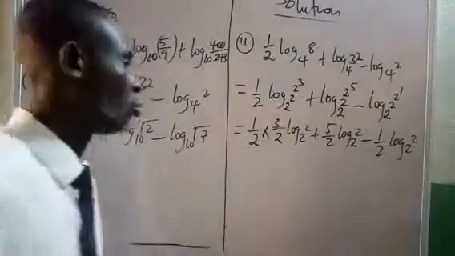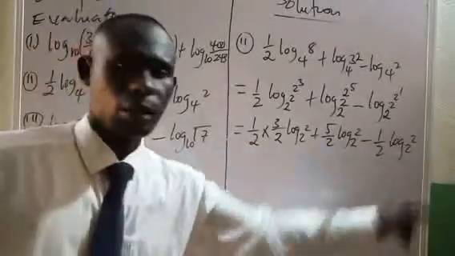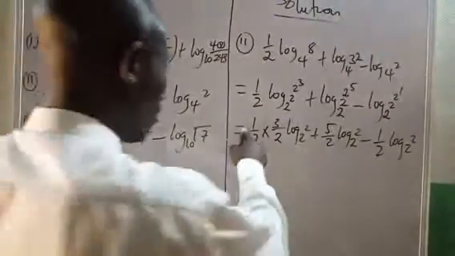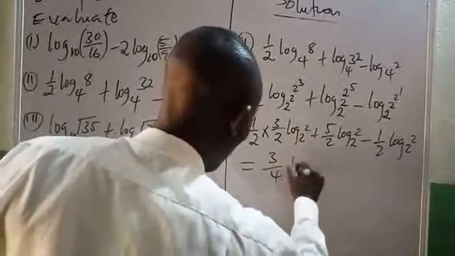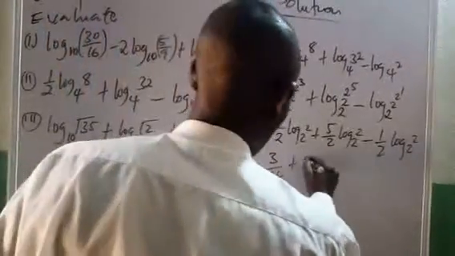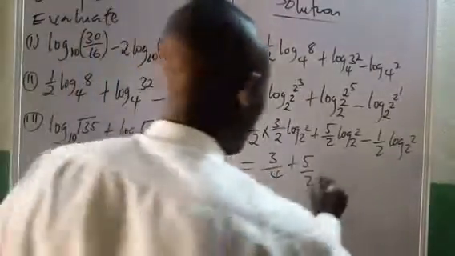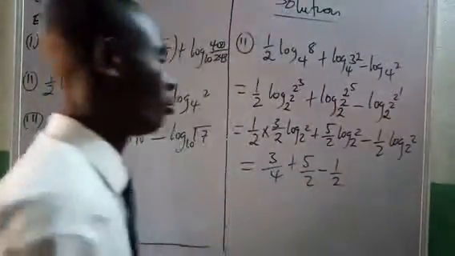So log 2, here is 1, here is 1, here is 1. So finally, 1 times this will give me 3/4 plus 5/2 minus 1/2.